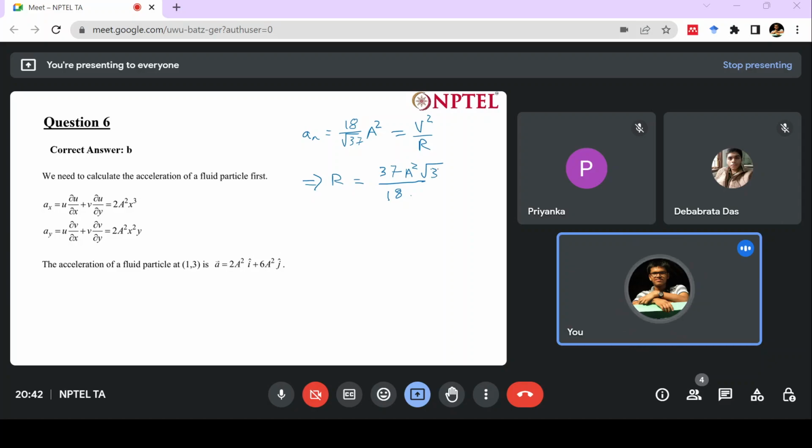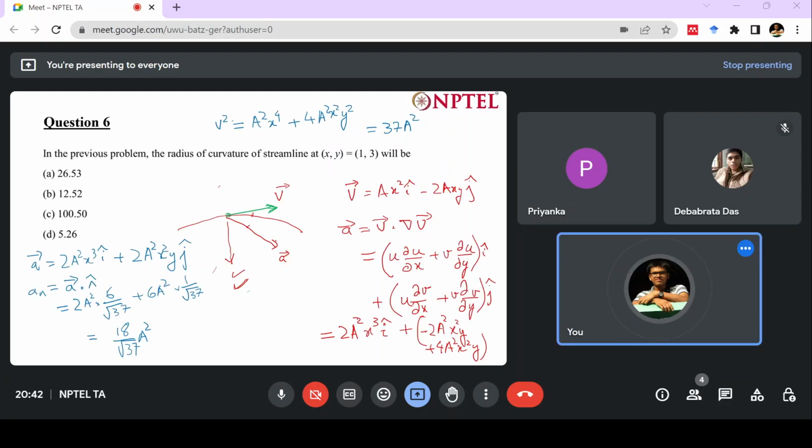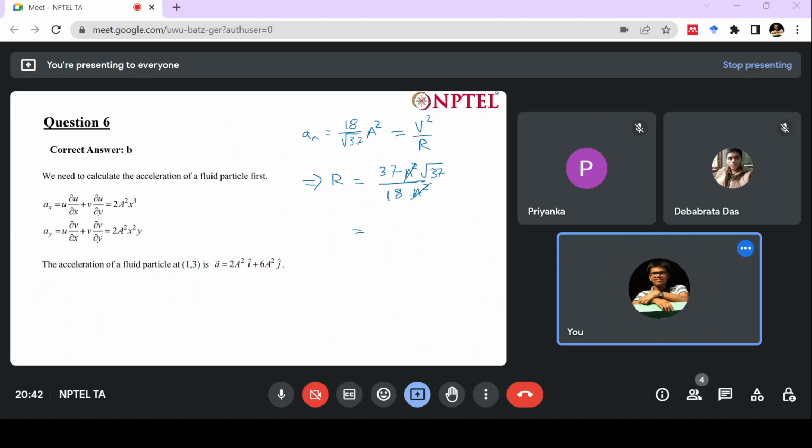Root 37 is this side. A square is there, so a square will cancel, and whatever this value is. 12.5, sir. Is it matching? Yeah, 12.5. Option B.